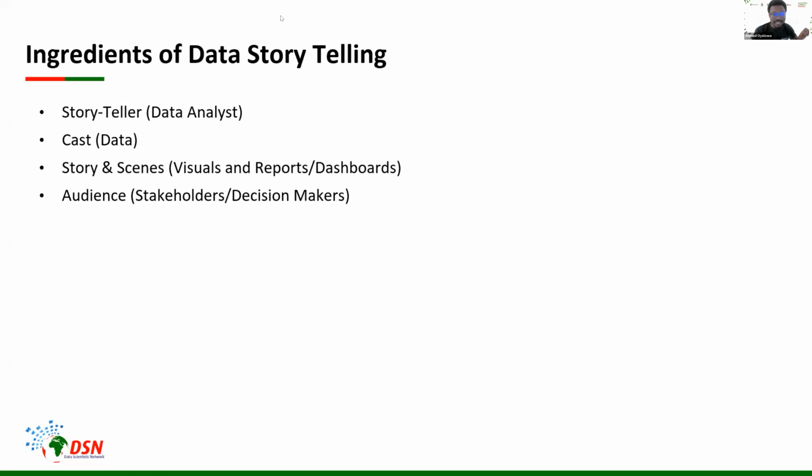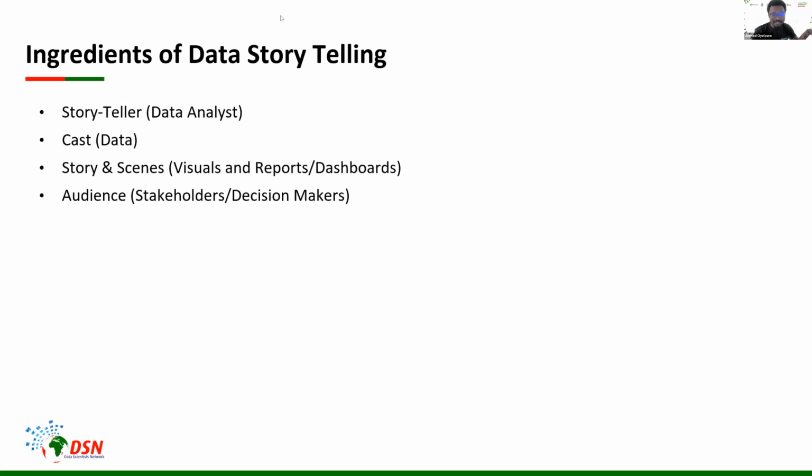And then the second ingredient is going to be the cast, okay? So the storyteller is more or less like the producer of the movie or the person that writes the story for the movie. So in this case, it can be the analyst, it can be me, it can be you, it can be any other person that wants to process data and that wants to use the data to convey information to some people to improve their decision making.